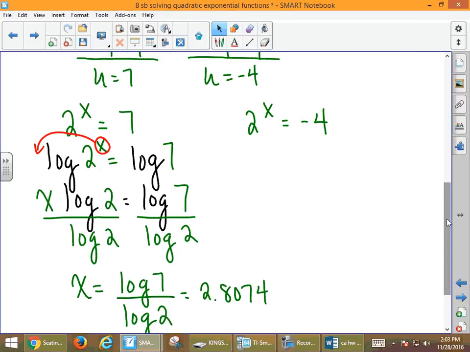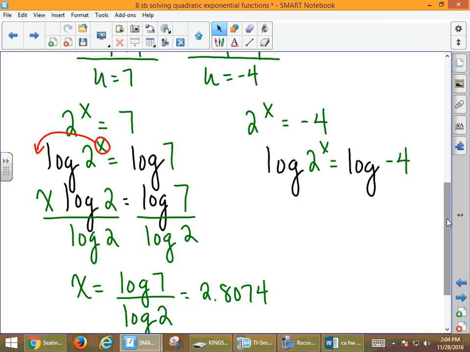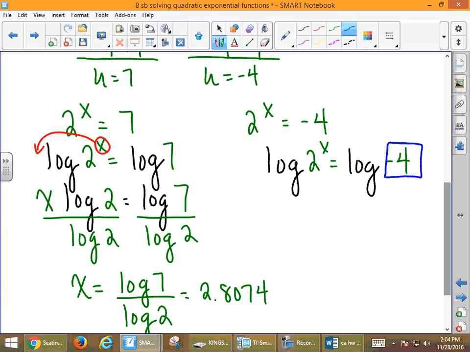But we still do have one other side here. We have 2 to the x equals negative 4, and we can go about the process the same as we did earlier. We can put a log in on both sides. But we have a problem on this. What does this value have to be?